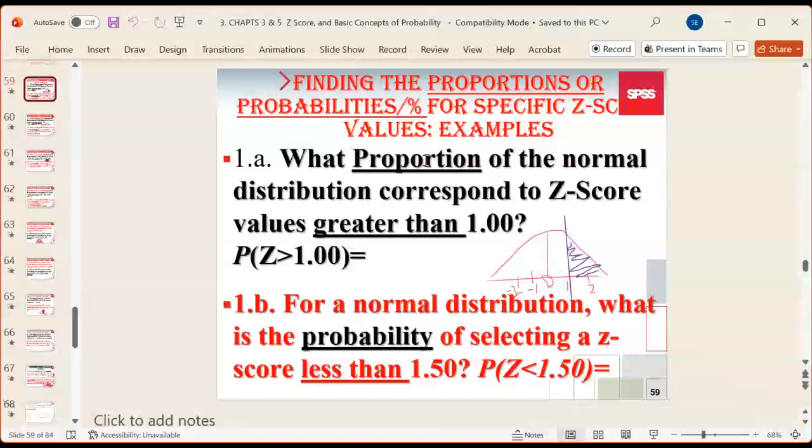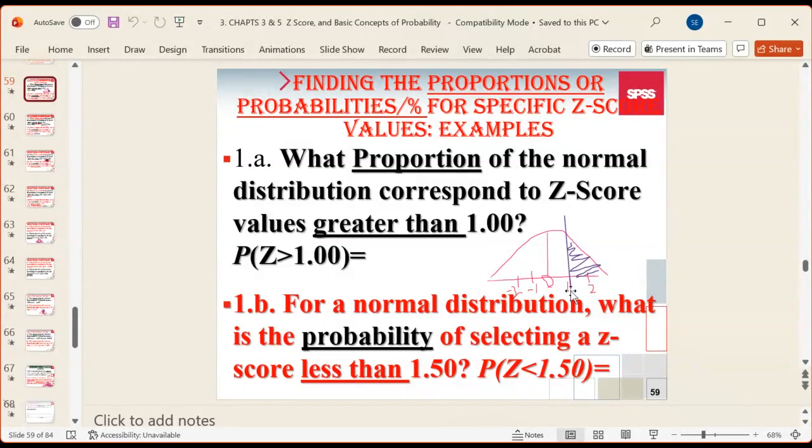So pay attention: the proportion of the normal distribution corresponding to z-score value greater than 1. And this is how you write it: P, probability of z-score greater than 1. So you got your normal distribution, mean, and right there Z is 1, not -1, but +1.